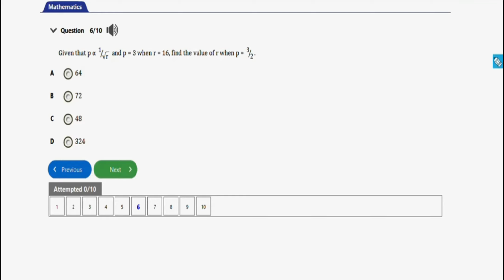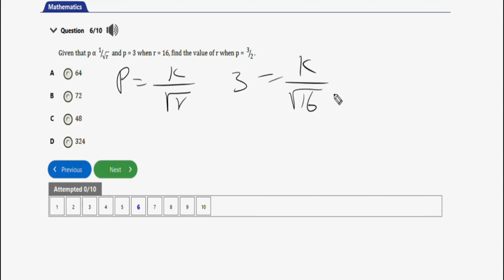So let's solve this, guys. Firstly, this is inverse variation. This is the same thing as p equals k over the square root of r. Let's find the value of k basically. When p is 3, we have k over the square root of 16, since r is 16.